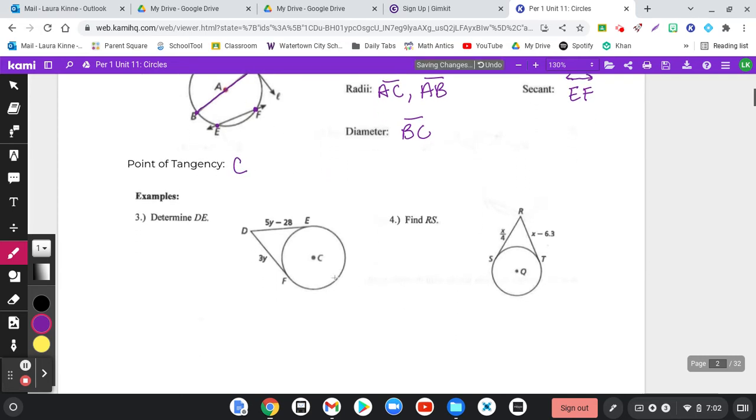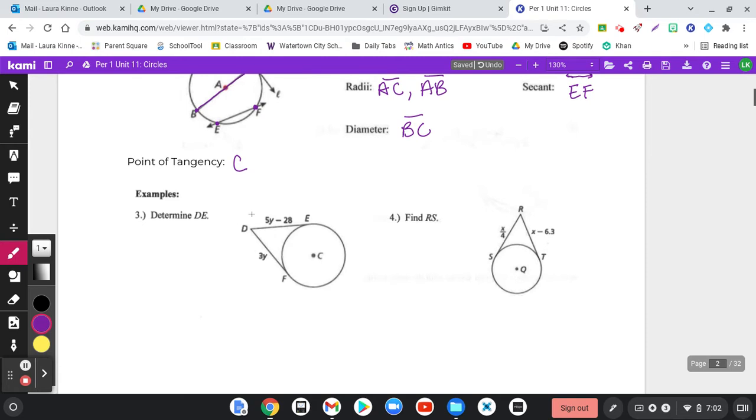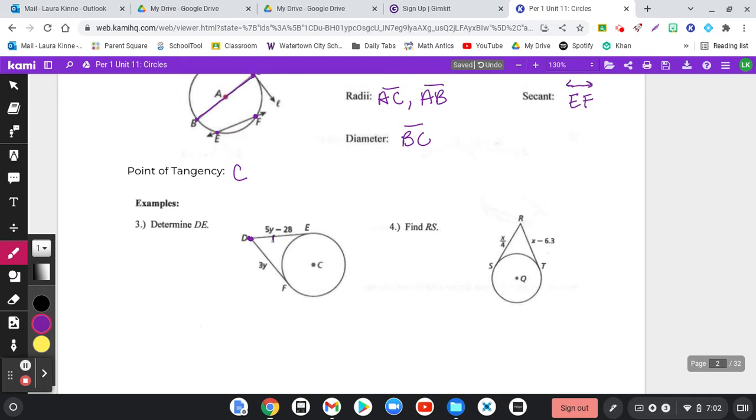All right, so some examples to look at when you're dealing with a tangent line, or two tangent lines, excuse me. If they're both drawn to your circle, they are congruent to each other. So we're just going to set up an equation. 5y minus 28 equals 3y, and you could go either way with it. I know a lot of you like to bring the smaller one over, so I'll show you that way.